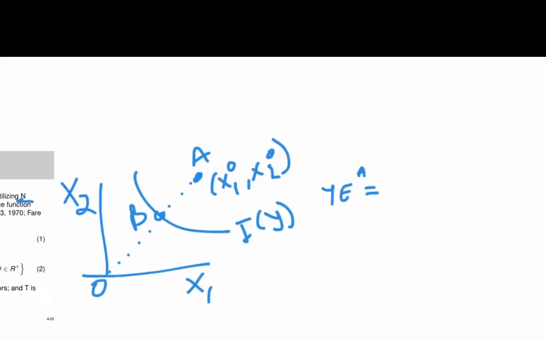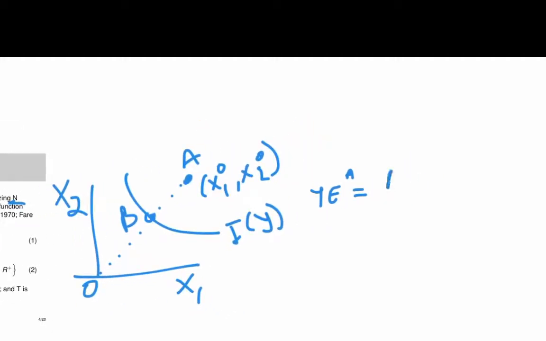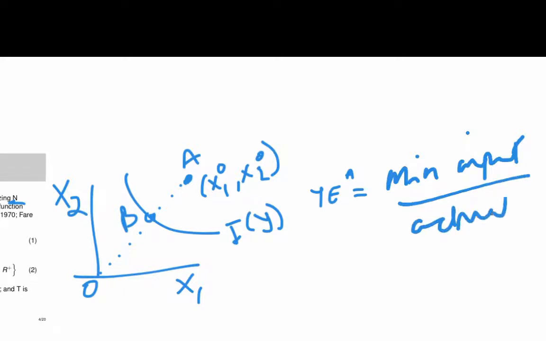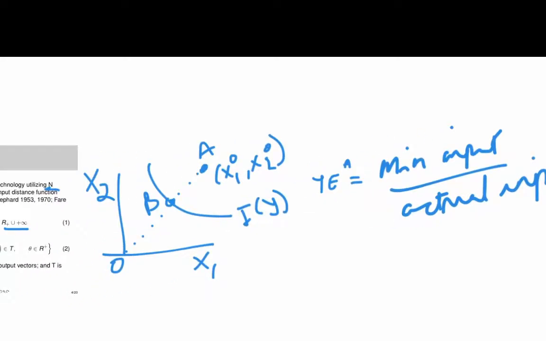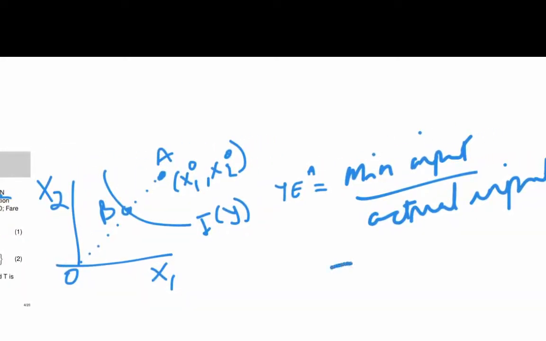So if we think of the minimum input required divided by actual input, well, we know we could shrink A proportionally towards B and still produce the output Y. So our technical efficiency is simply OB over OA.